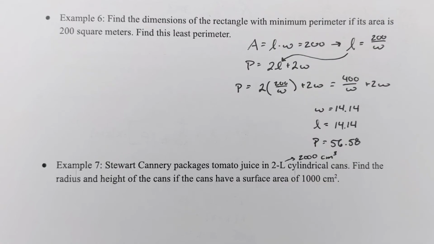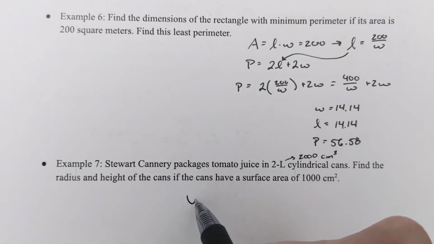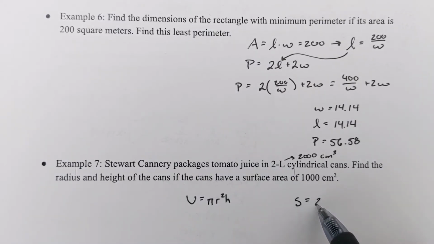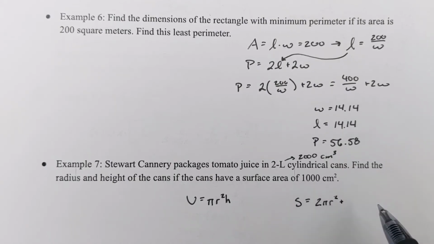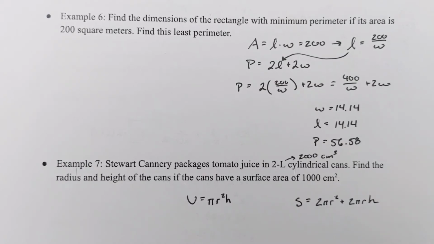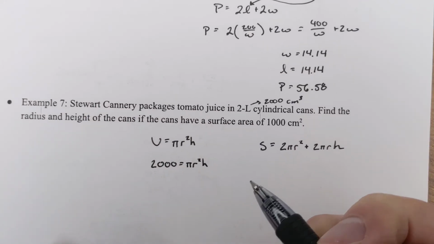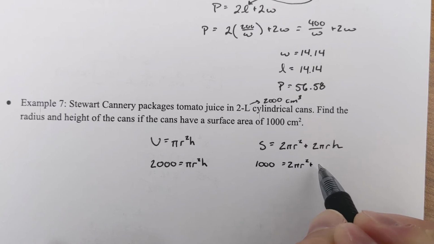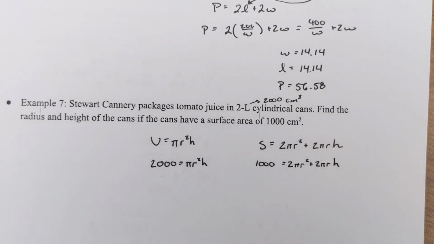So here's what we know. The volume of a cylinder is pi r squared h. The surface area of a cylinder is 2 pi r squared plus 2 pi r h. So the volume has to be 2,000, so this statement must be true, and this statement has to be true.